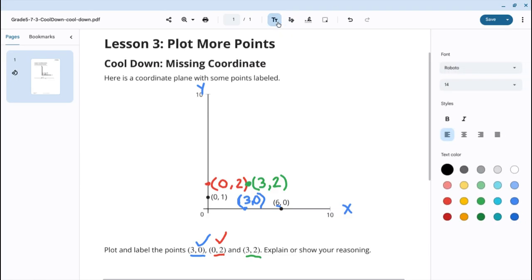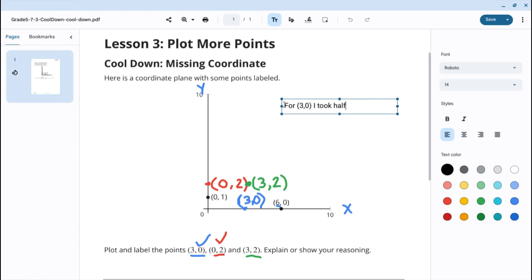So I am ready to follow the rest of the direction, which was to explain or to show my reasoning. Okay, since I'm zoomed in, I'm going to go ahead and explain my reasoning up here. But of course, you could write this where I am, or underneath the explainer, show your reasoning. We are going to think about, first of all, that point, 3, comma 0, and notice I put it in parentheses.